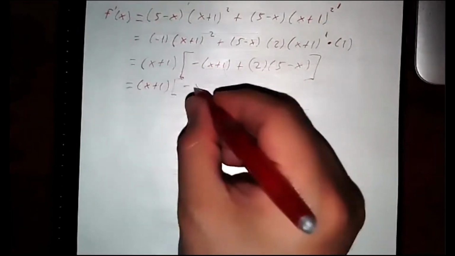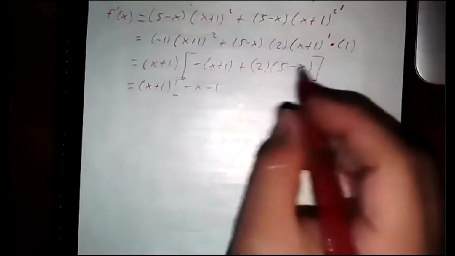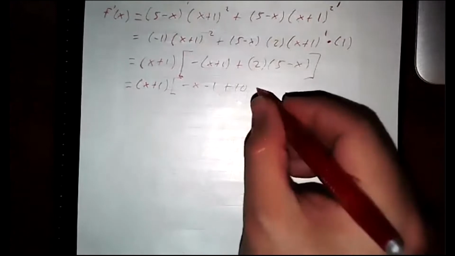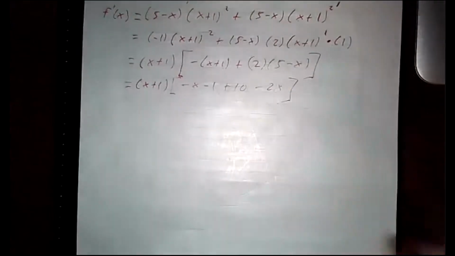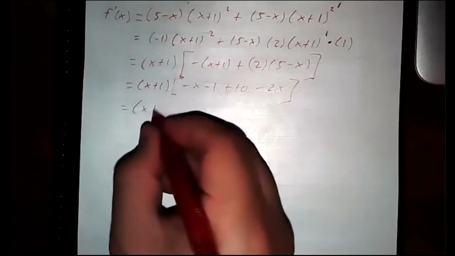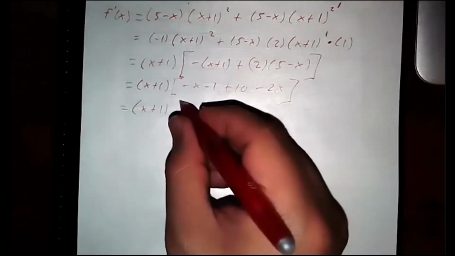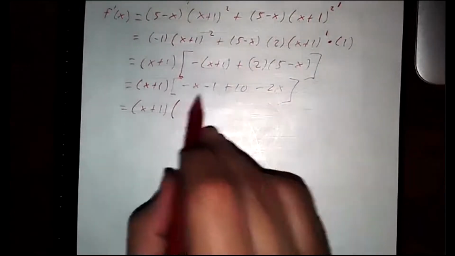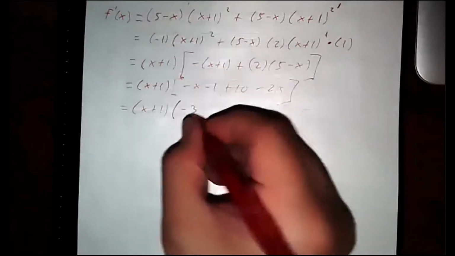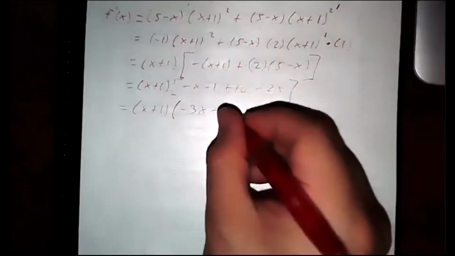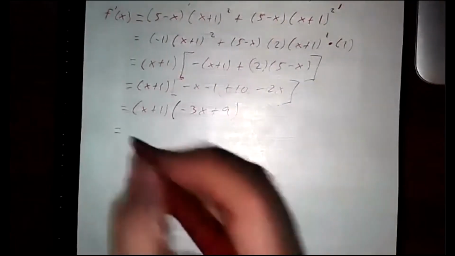That'd be negative x minus 1. Distribute your 2. That would be 10 minus 2x, right? If you like the other way, that's totally fine. Negative x minus 2x, so negative 3x. Negative 1 plus 10. So now we're almost done.